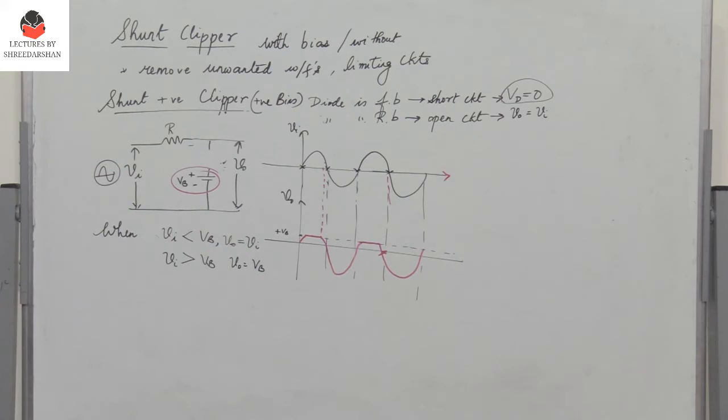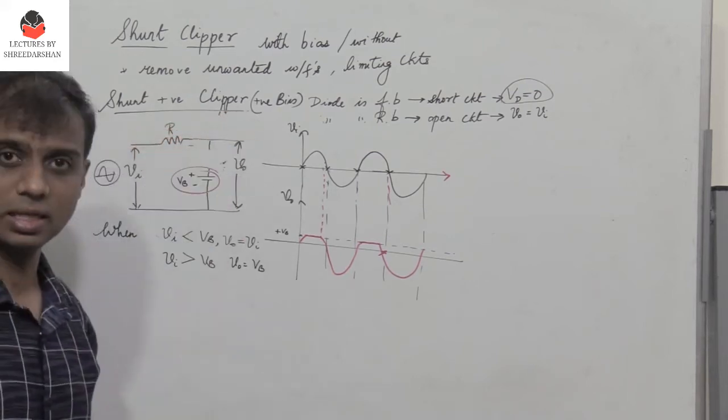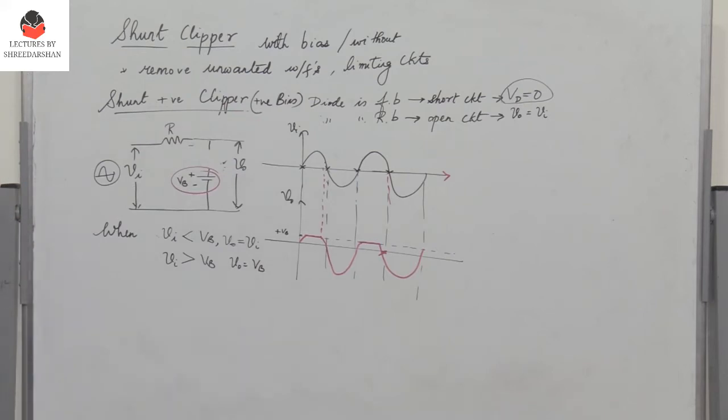So this is how a shunt positive clipper works with positive bias, where the positive voltage is plus minus VB here. Now what happens when I have a negative bias? Let's discuss a shunt positive clipper with negative bias in the next case.